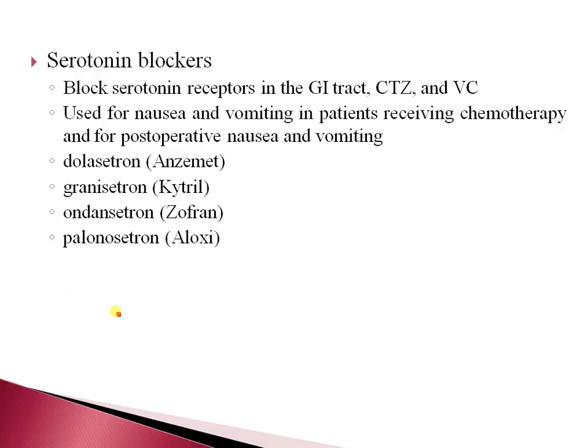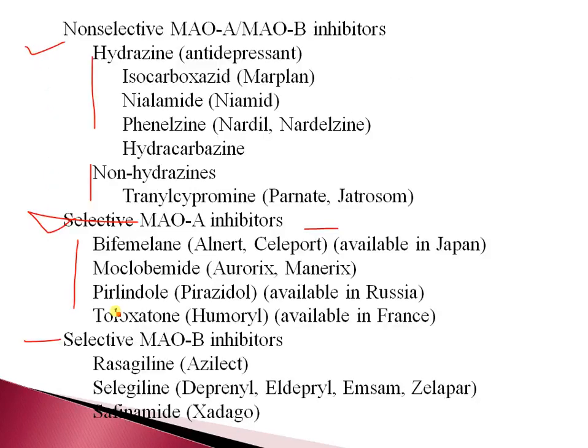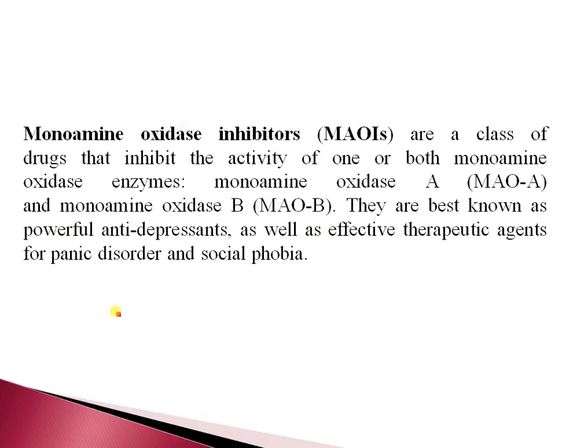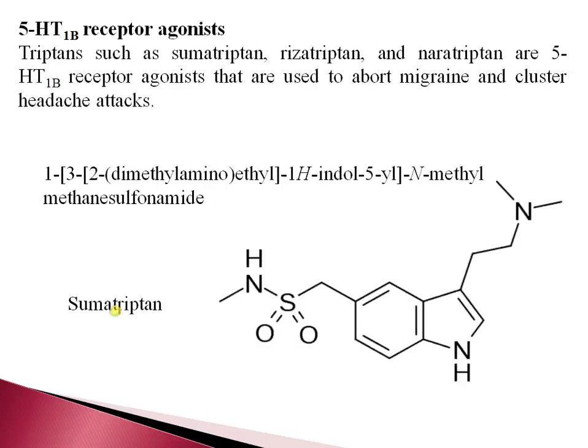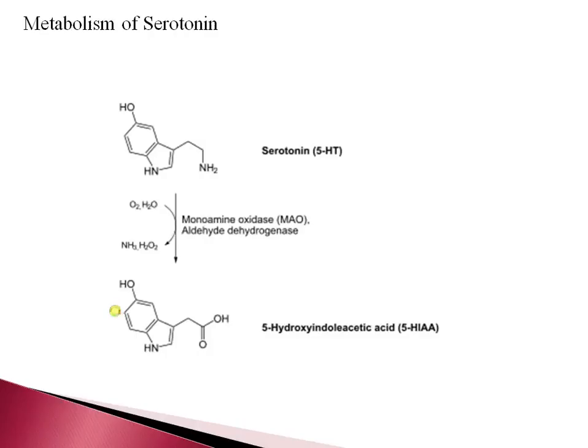In the metabolism part, monoamine oxidase is the enzyme responsible for the conversion of serotonin; it metabolizes serotonin, and the metabolic product is 5-hydroxyindole acetic acid. When these inhibitors inhibit this enzyme, it leads to an increase in the level of serotonin.